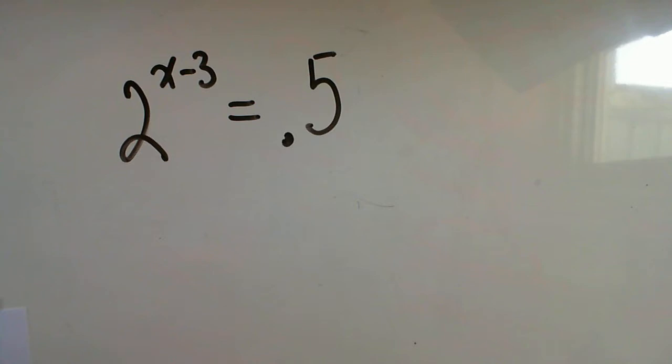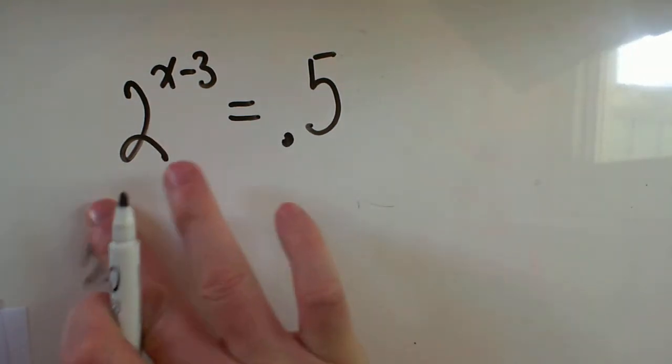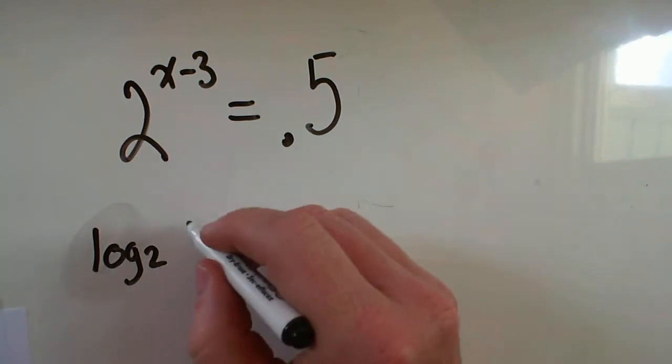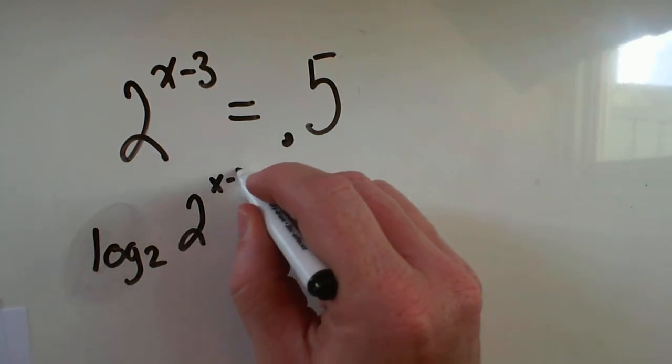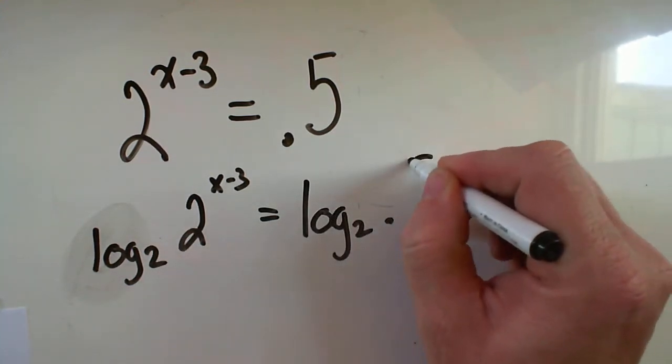If we do it using logarithms, which is definitely the longer way, we would take the natural log of both sides, or actually we'll take log base 2 of both sides. So log base 2 of 2 to the x minus 3 equals log base 2 of 0.5.